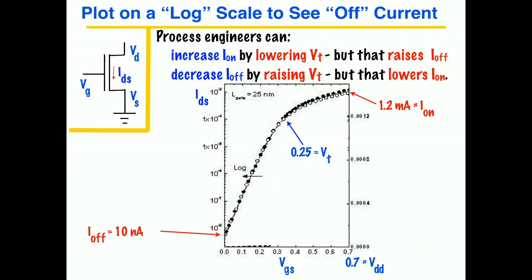So you leak more power that way. You can decrease I off, but it lowers I on. So we can decrease the leakage, but it decreases the on current and thus slows down the circuits. So this is a constant trade-off for process engineers, figuring out the right ratio between I on and I off.